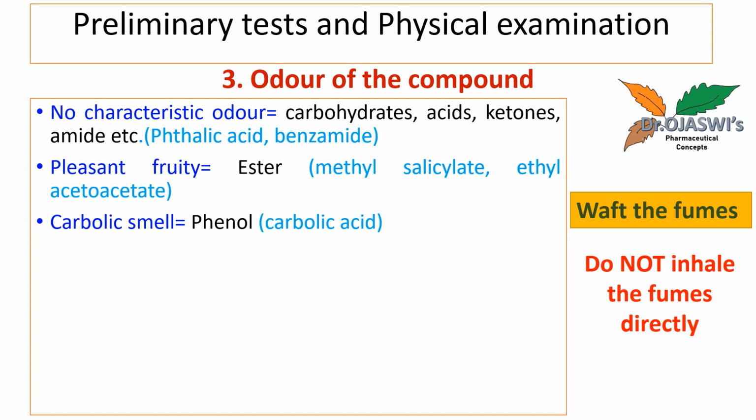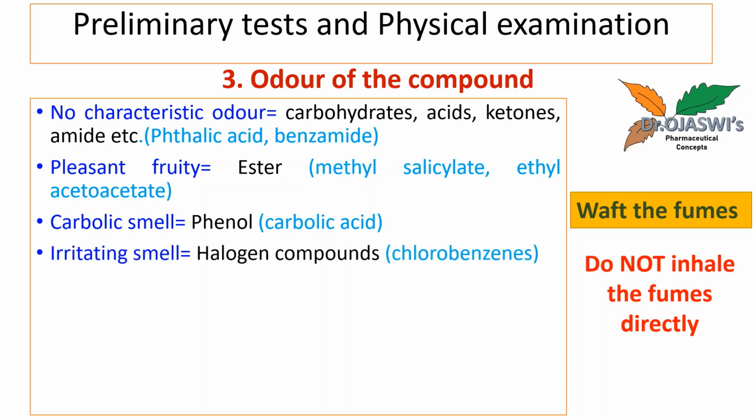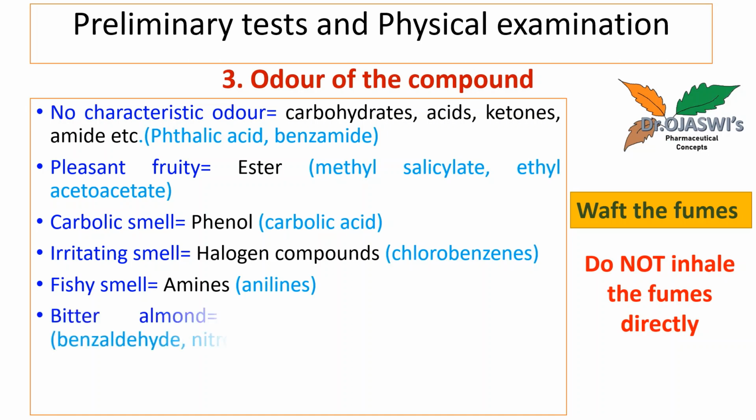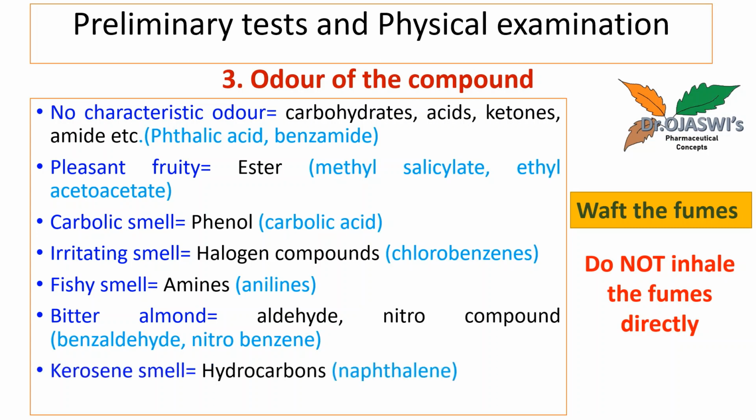Phenols usually have carbolic smell, and the halogen compounds have very irritating smell. Amines usually give fishy smell. Bitter almond smell is from the aldehydes or nitro compounds, and naphthalene or the hydrocarbons usually give kerosene like smell.